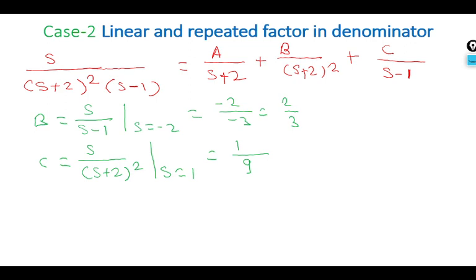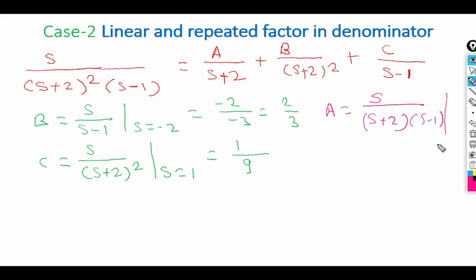Okay, I already told you we can't use it for a. The reason is, if I show you here, you'll observe for a, if we ignore this s plus 2 from this fraction, we are left with s upon (s plus 2) into (s minus 1). And if we put s equal to minus 2, this denominator becomes 0.